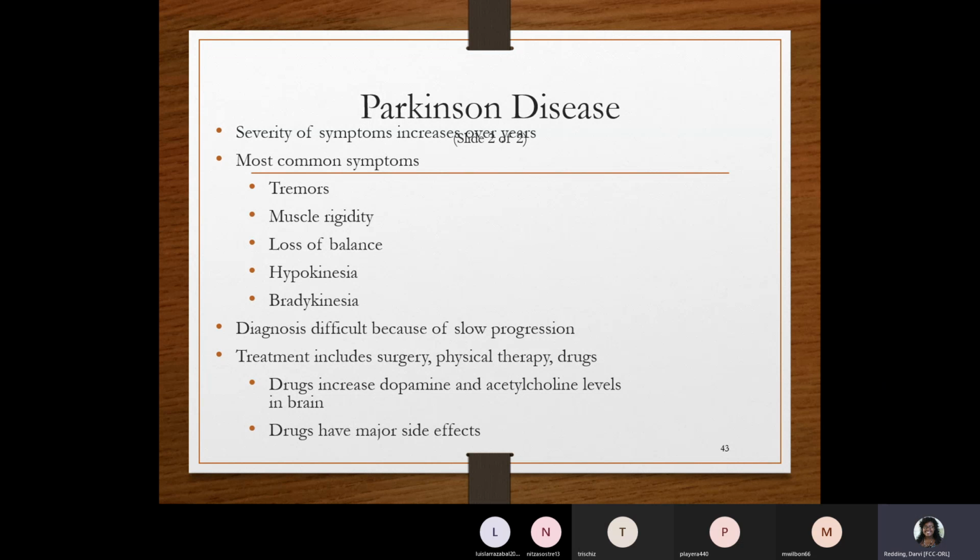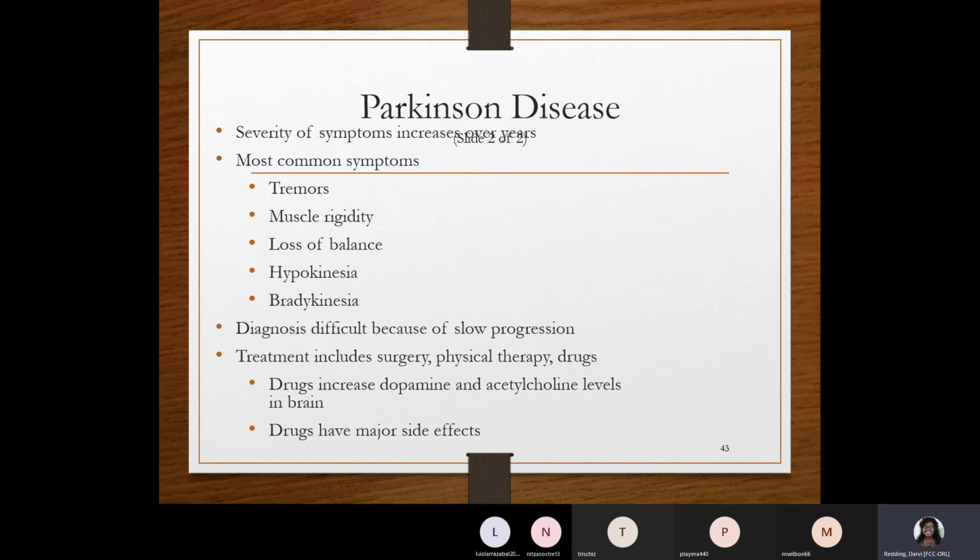Over time, the physical movement slows in the person who has Parkinson's disease, and they can become wheelchair bound. They also experience other problems, for example, swallowing and speech difficulties. They also experience constipation and cognitive impairment. Those are some of the things that come with Parkinson's disease.